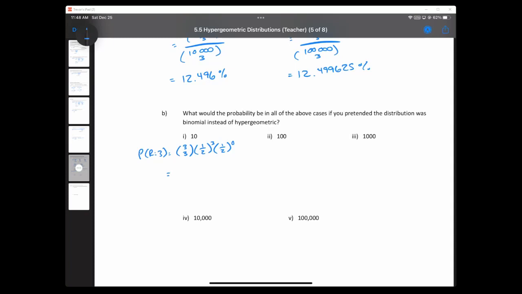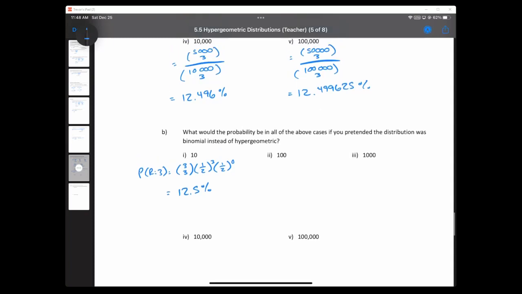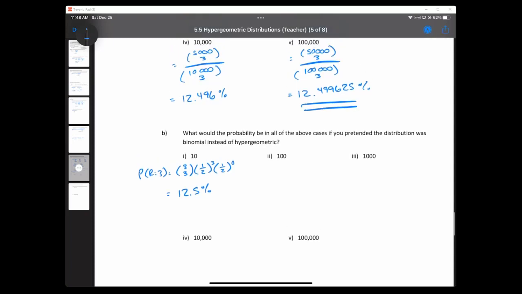And then we just plug that in, well, the first and last factor don't do anything. The middle part is 1/2 cubed, which is 1/8. 1/8 is 12.5%. Well, that's what we said this was approaching up here. That seemed a lot easier to calculate it that way.